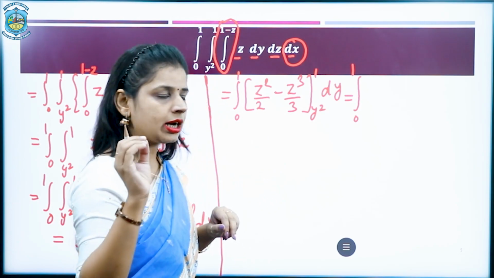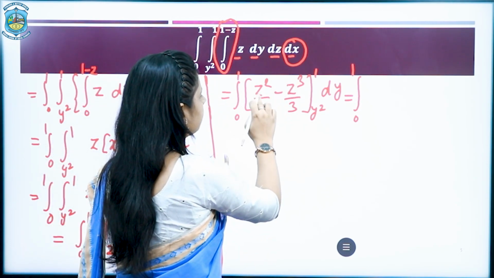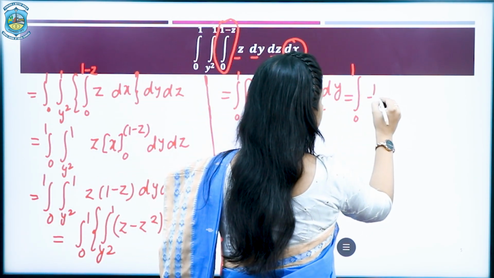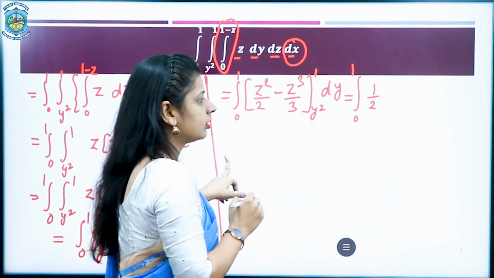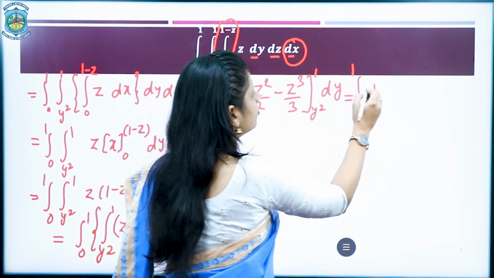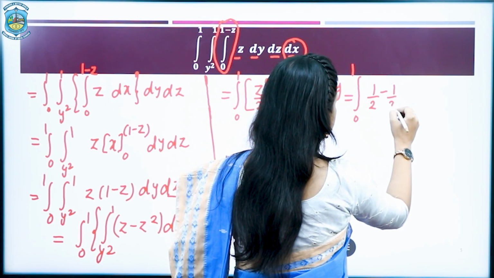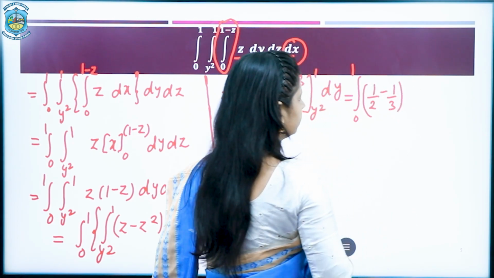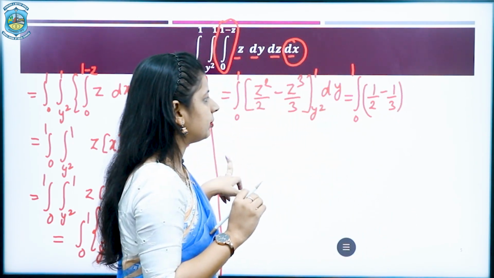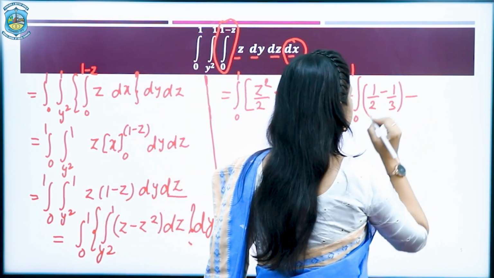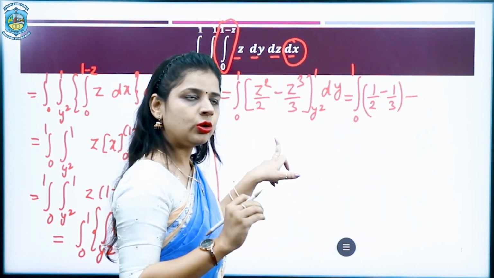When we apply upper limit, here we will get 1 square by 2, that is 1 by 2, minus 1 cube by 3, so minus 1 by 3, this value is for upper limit, minus, now we will apply lower limit.